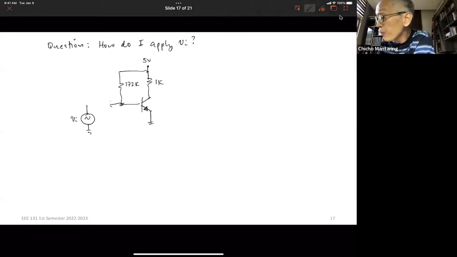I can connect vi to the base, but I have to do it through a capacitor. Your capacitor with respect to DC is an open circuit.